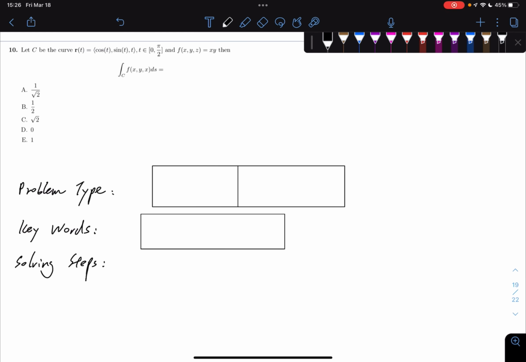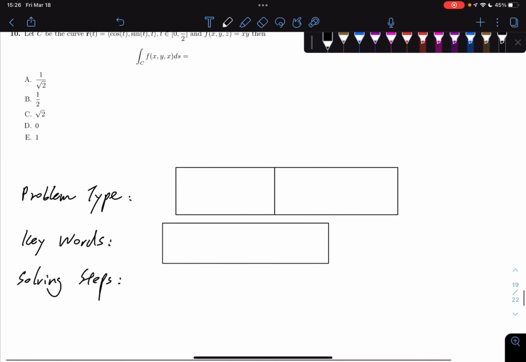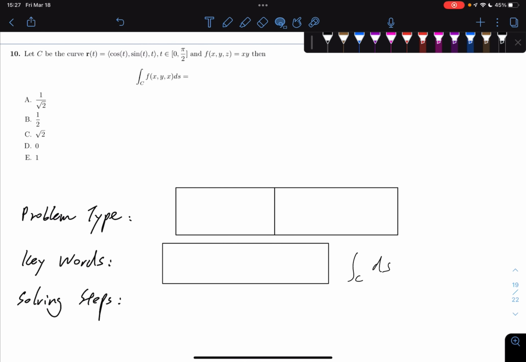So this is obviously a line integral problem because of its unique property of ds, right? So ds is for line integral, like integral of a curve with another line differential. Now we identified it's a line integral problem.